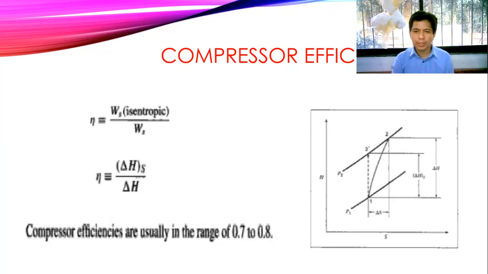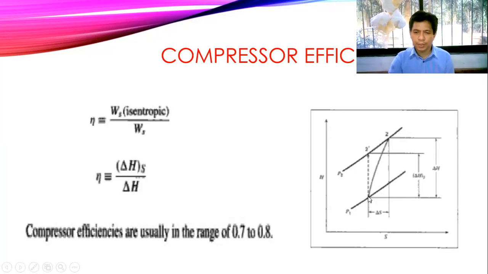So if we're going to take a look at the diagram here, we have the entropy on the x-axis and the enthalpy on the y-axis, and we have the constant pressure curve or the isobaric curve.